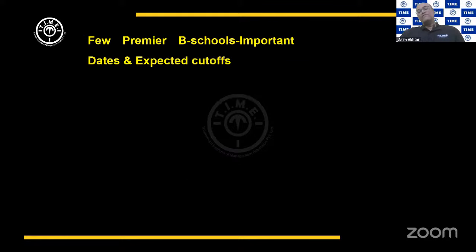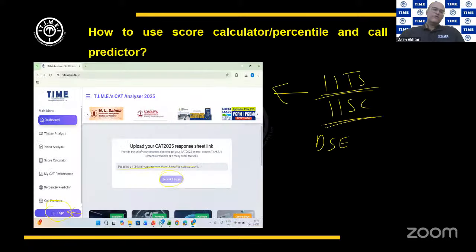Now, on our Time portal, if you go to Time website, you will be able to see a banner there. Click on it and it will take you to this dashboard. Here, if you observe at the bottom, you will see call predictor. Use call predictor, Janak. What happens here is you'll have to upload the URL of your response sheet here, and it will generate your expected percentile.